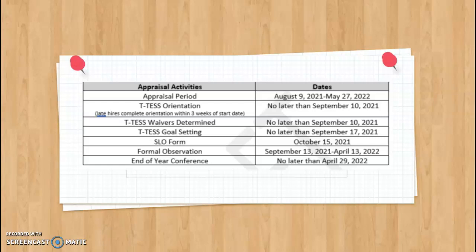Your SLO form, which we will get into more specifically at a later date, is going to be due October 15th. Your formal observation cannot begin until at least Monday, that's the first day of that, through April 13th. And your end-of-year conference must be no later than April 29th. So that is just a glance at the most important dates.